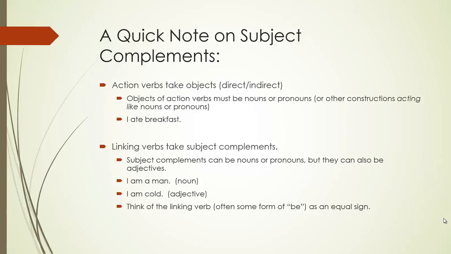And you can think of the linking verb as being an equal sign. What am I? You can think of the sentence as saying, I equals man. I equals cold, okay? You're equating one part of the sentence with the other part. So, a quick difference between action verbs and linking verbs and the words that are receiving the information in that verb.